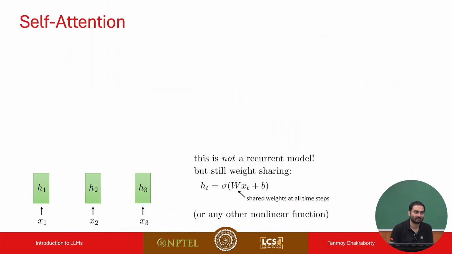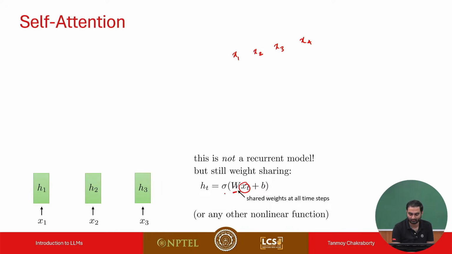But before that, let's focus on the self-attention part. So in self-attention, let's say you are given inputs x1, x2, x3, x4. These are essentially tokens, right? Denoted by xt. We pass them through some sort of linear layer followed by non-linearity.